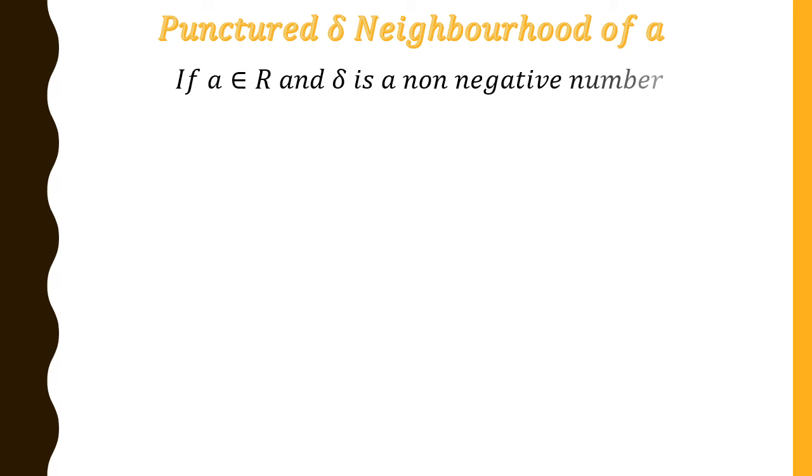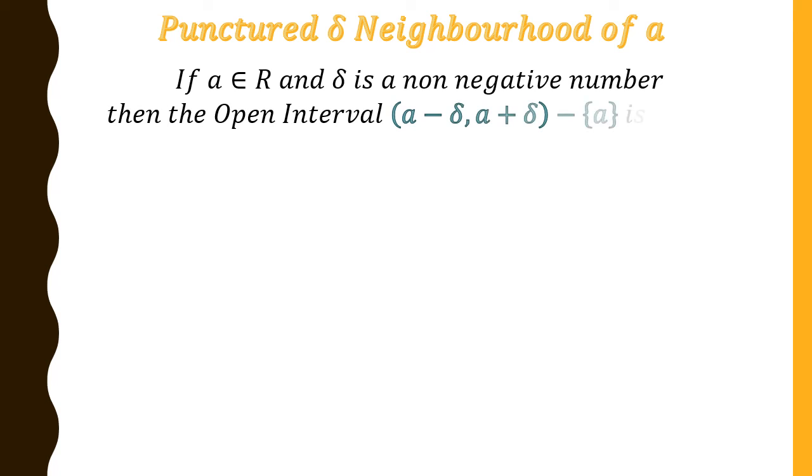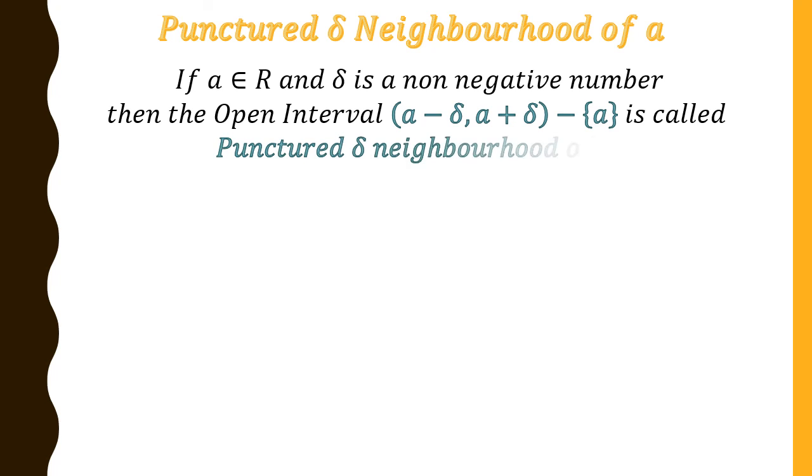If A belongs to R and delta is a non-negative number, then the open interval (A - delta, A + delta) minus {A} is called the punctured delta neighborhood of A. That means from the interval A - delta to A + delta, we are removing one element, that is A. It is denoted by N*(A, delta). The delta neighborhood of A is denoted by N(A, delta), and the punctured delta neighborhood of A is denoted by N*(A, delta).